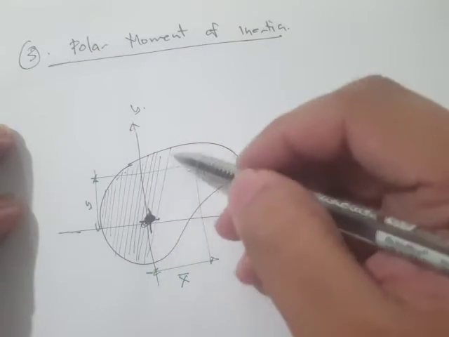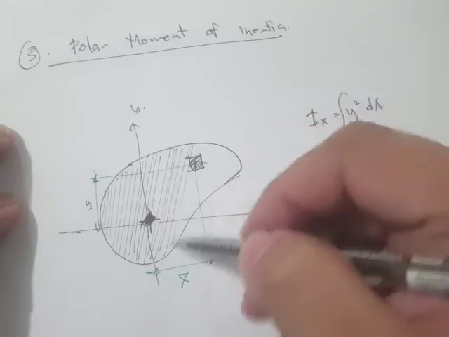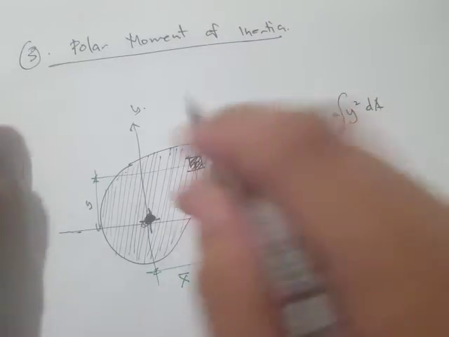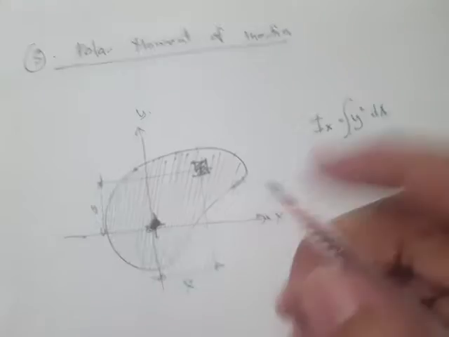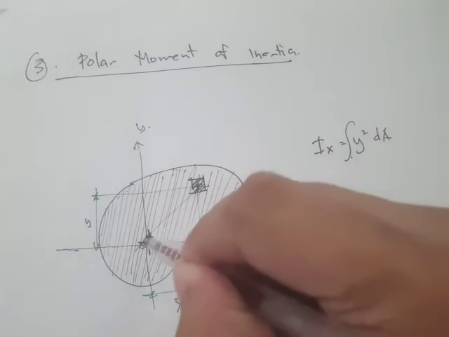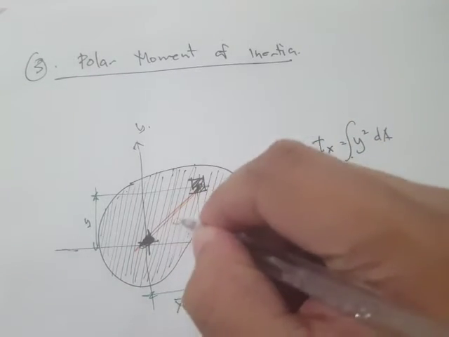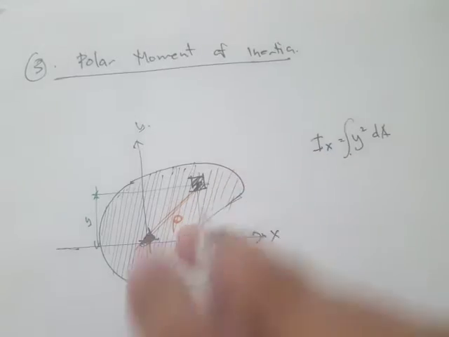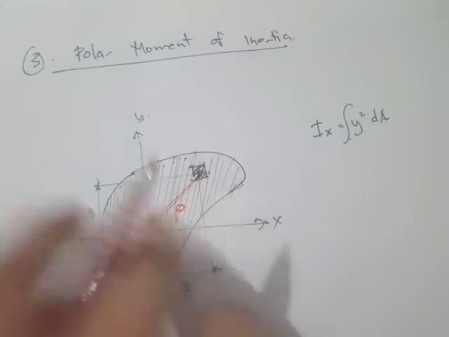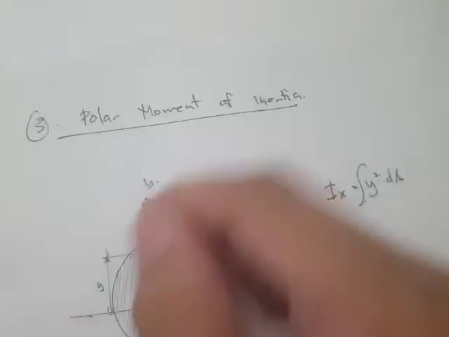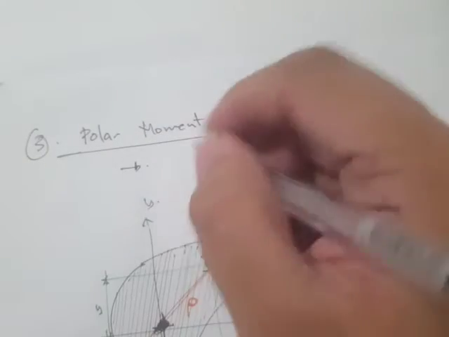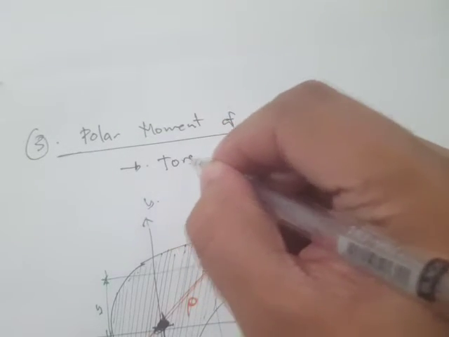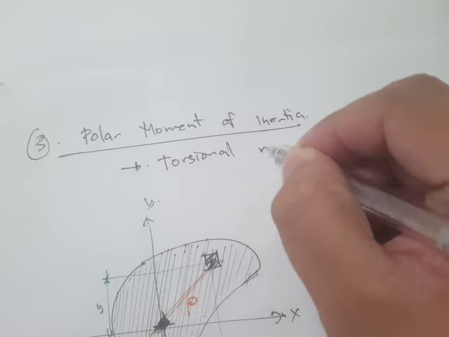Now, for the polar moment of inertia, the distance being considered is actually this radial distance, which we refer to as rho. This polar moment of inertia comes into play when we're dealing with torsion, torsional members.